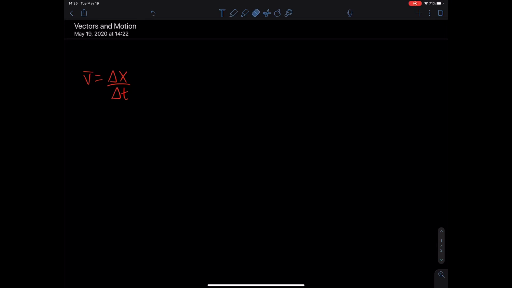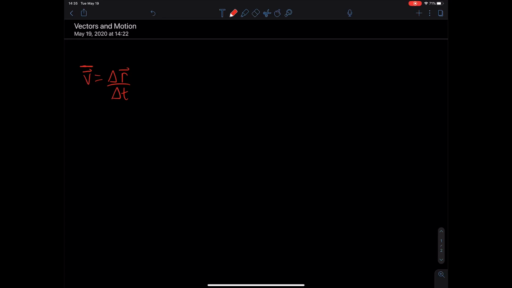So instead of the average velocity, what I want now is the average of the velocity vector. And instead of just a change in position, I want the change in my position vector. I'm going to use r for this vector, so it's delta r over delta t, because this r vector includes both the x and the y position. So that's our average velocity.